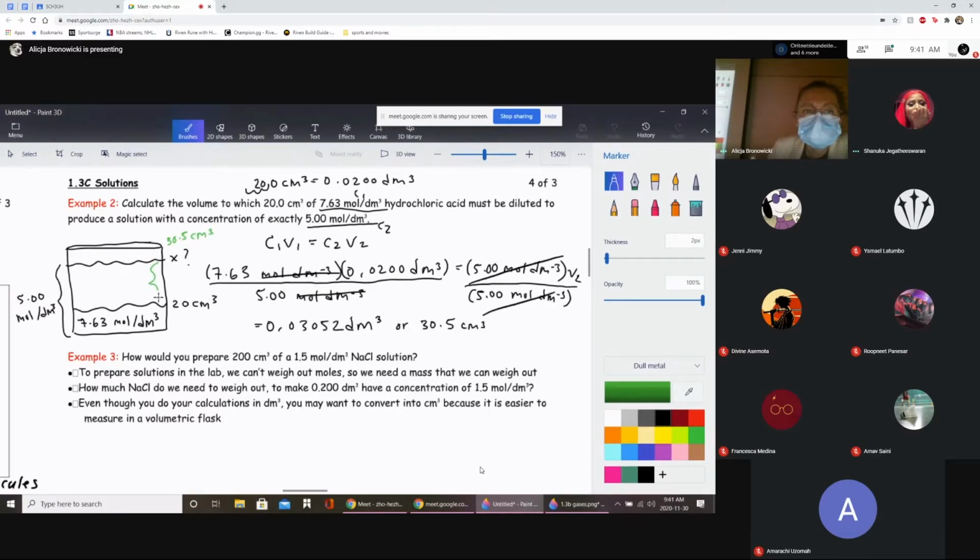So here you would need to add 10.5 cubic centimeters. Cubic centimeters are milliliters. So you need to add 10.5 milliliters to get 30.5. Do we have to convert at the end to centimeters cubed? No, you do not. Okay, thank you. You're welcome.